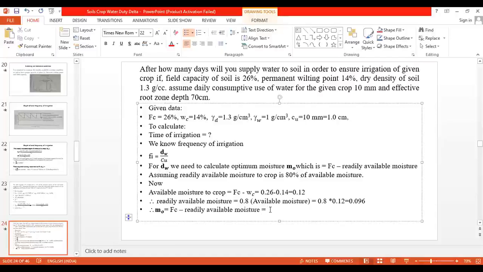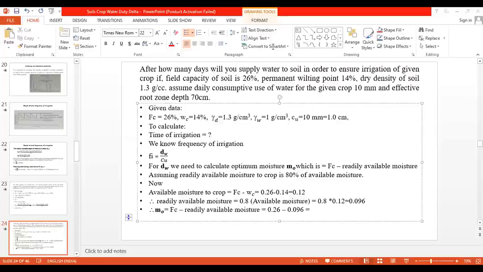Field capacity is 26%, that is 0.26, minus the readily available moisture, 0.096, which is 0.26 minus 0.096. It is 0.164.